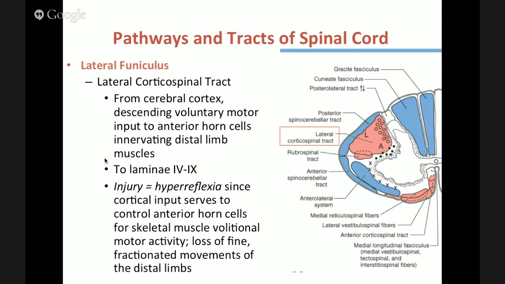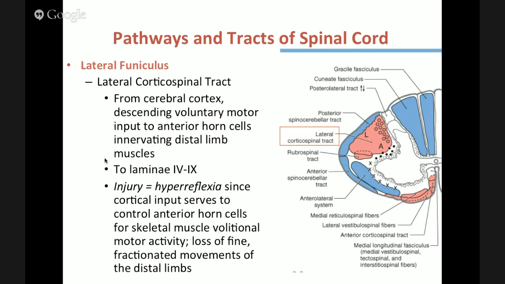So injury to the descending pathway is going to produce loss of the fine fractionated movements of the distal limbs, particularly, of course, the fingers. It's also producing an increase in reflexes.